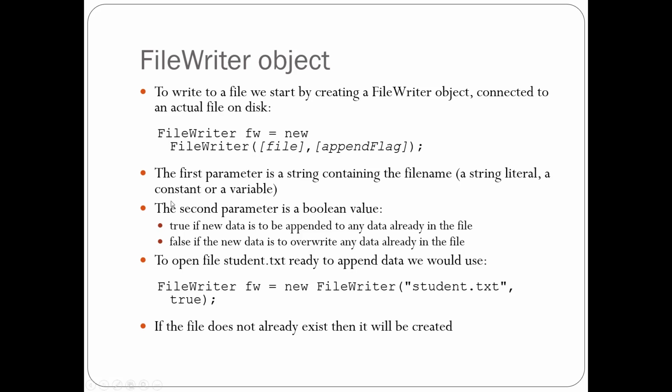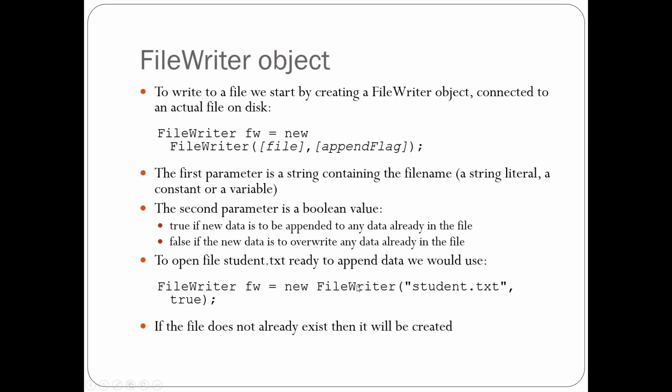There's an example of a FileWriter in use. Now, I've been teaching this module for a couple of years now, and I tend to leave the variable names. I use FW for FileWriter because it's pretty straightforward. So we create a FileWriter instance, and then we create the FileWriter object.